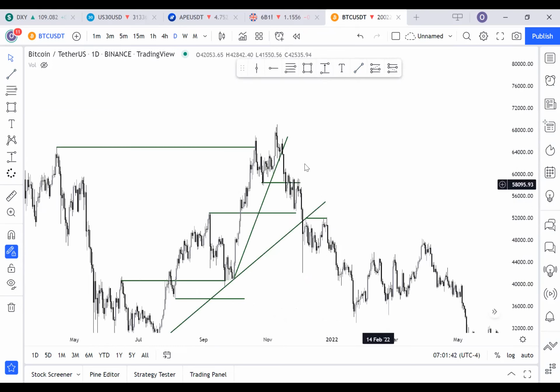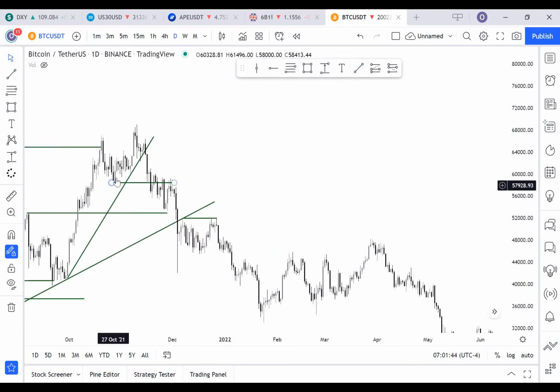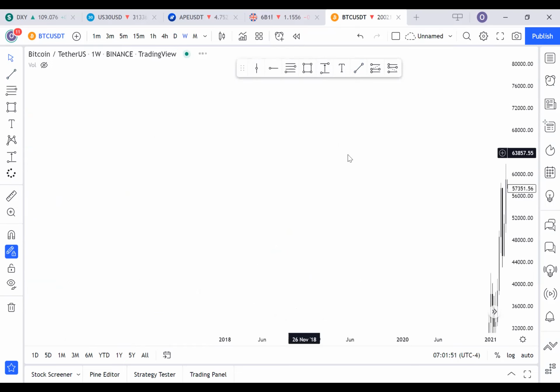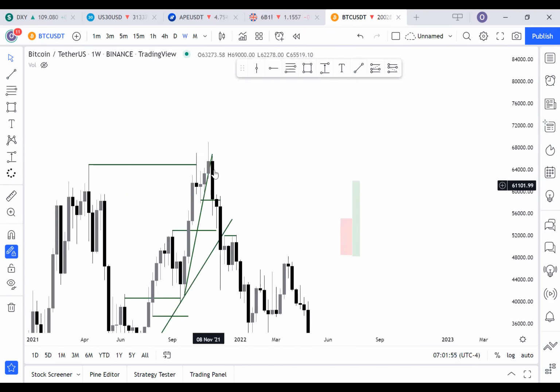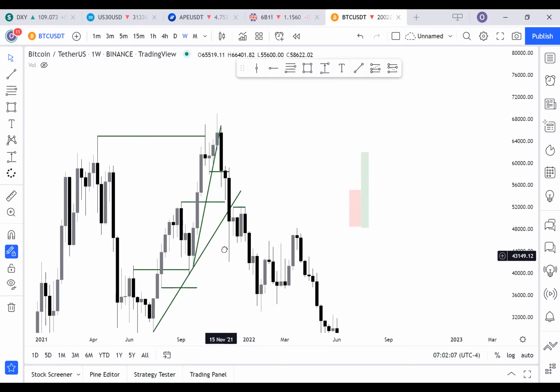And on a daily time frame, we are even getting an engulfing confirmation, right? Let's go to weekly. When you come to weekly too, you can see this single candle engulfed the whole three candles, which is a very good signal too, right? So you can sell from that. You see that?